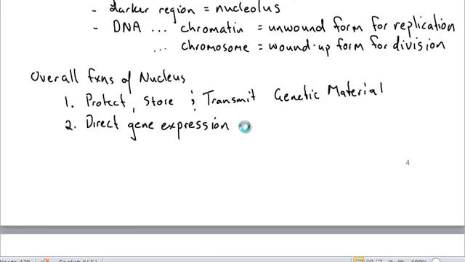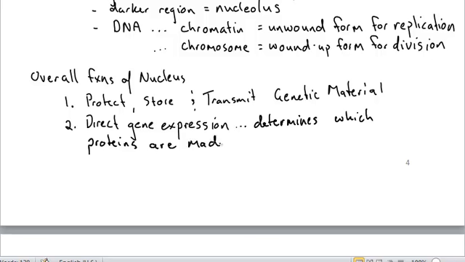So gene expression determines which proteins are made, which in turn determines function of the cell. Okay.